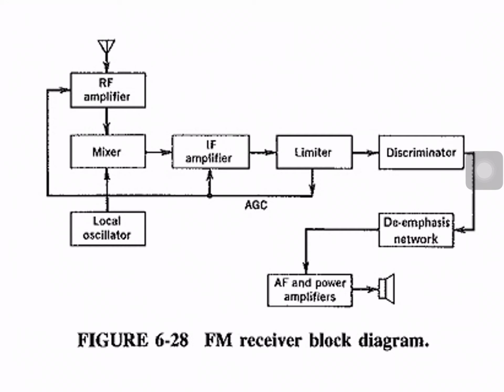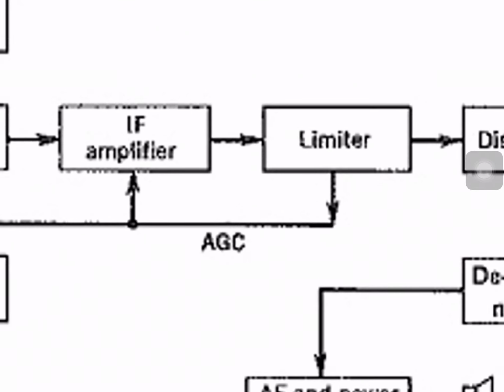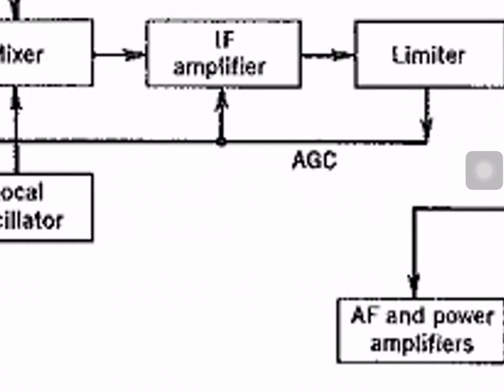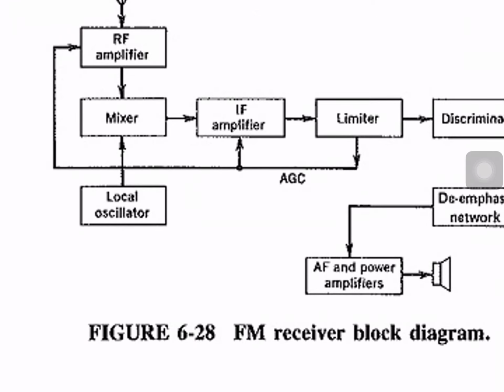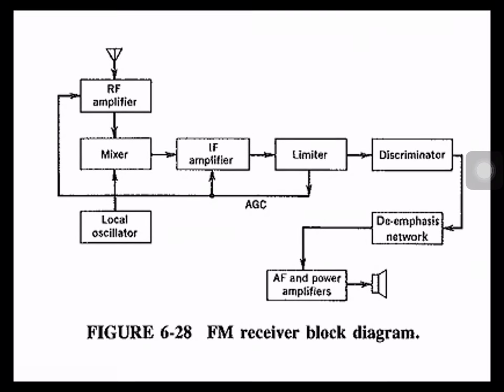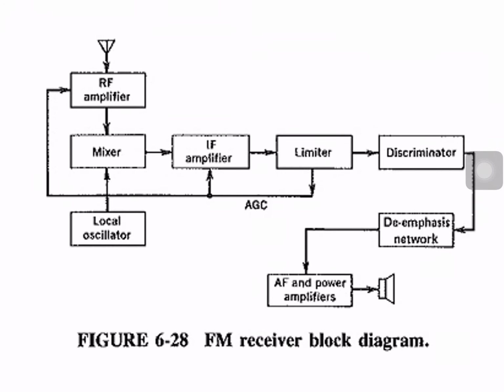Also automatic gain control. See here there is the word AGC. Here you can see this automatic gain control technique is also used. It is also used in amplitude modulation. For automatic gain control, there are different methods that can be used.